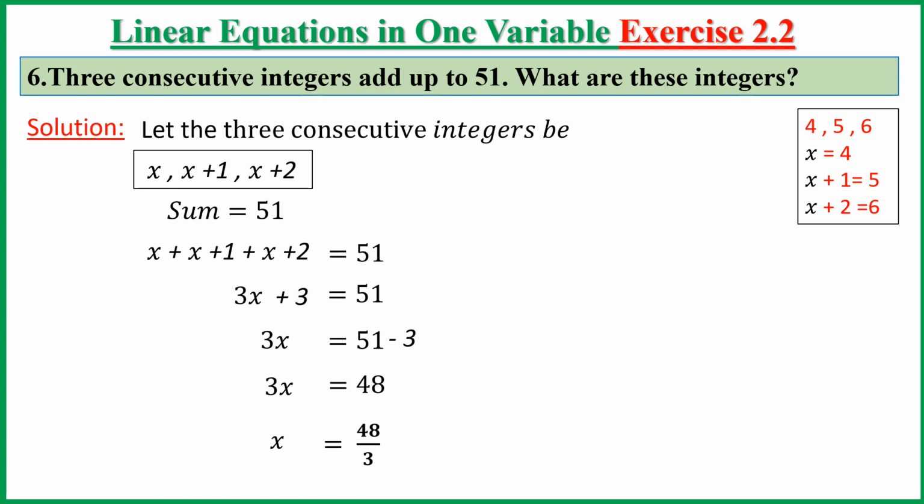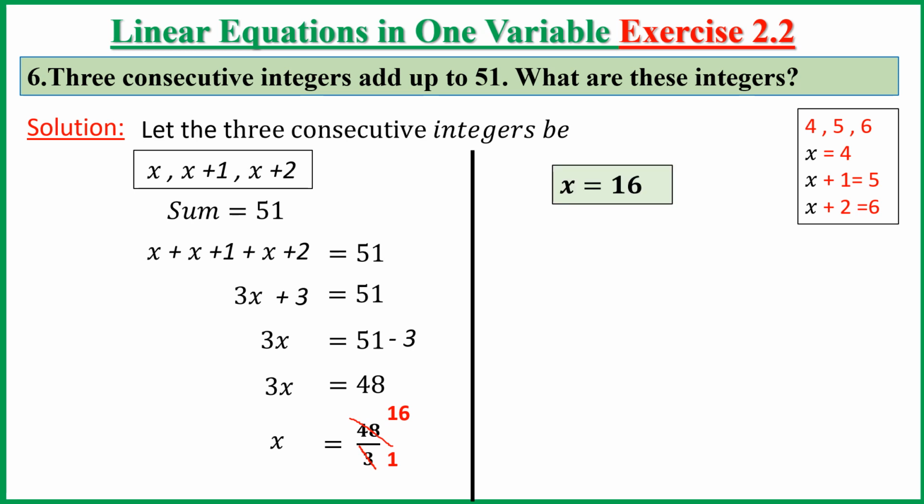Now this can be simplified. That is 1 times 3 and this is 16 times 3. So our value of 16 by 1 is 16. Our value of x is equal to 16. Okay. Now we found the value of x. We have to find the other two numbers, that's x plus 1 and x plus 2.